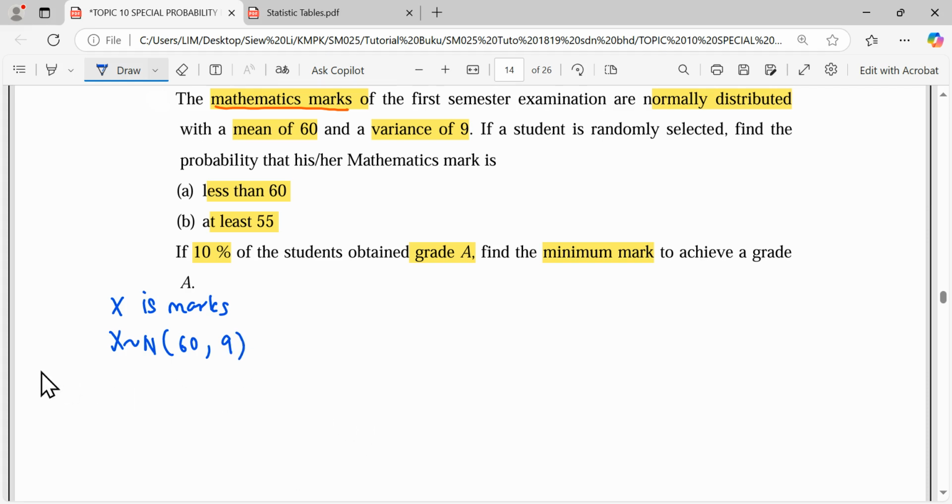For the first question A, we are going to find the probability for the marks X less than 60. And for question B, we're going to find the probability of the mark at least 55. At least means greater or equal to 55.